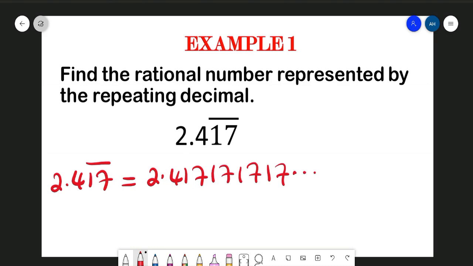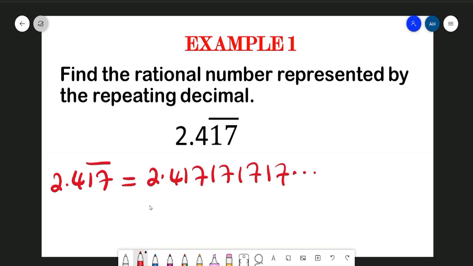Instead of writing a number like this, mathematicians like to simplify the way we write it. So we write 2.4 with a bar over 17, and we understand the meaning is that we repeat 17, the number below the bar.